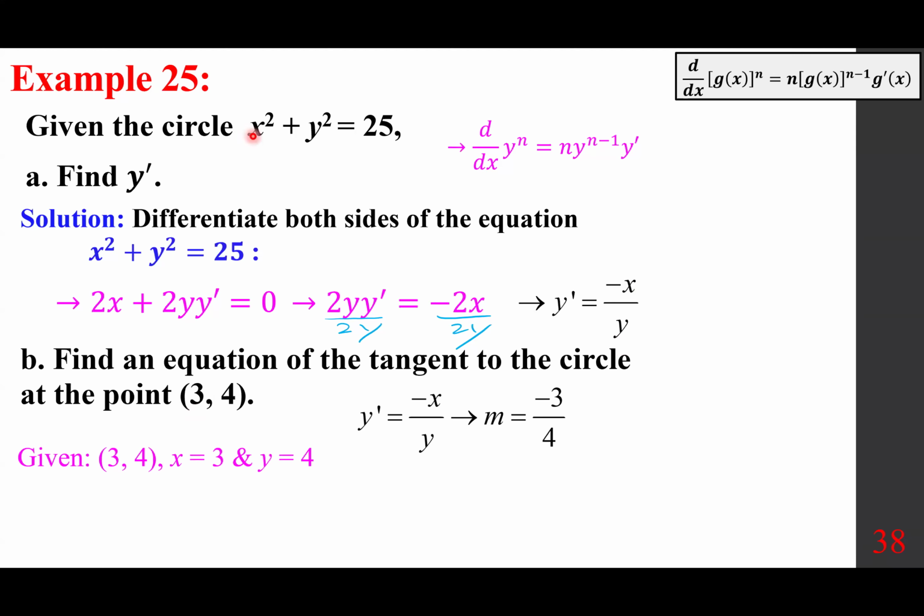Needless to say, this is a circle centered at 0, 0 with the radius square root of 25, which is 5. So y minus y1 equals m times x minus x1. Y minus 4 equals negative 3/4 times x minus 3.